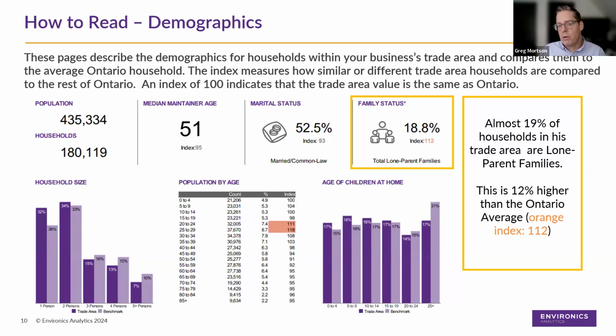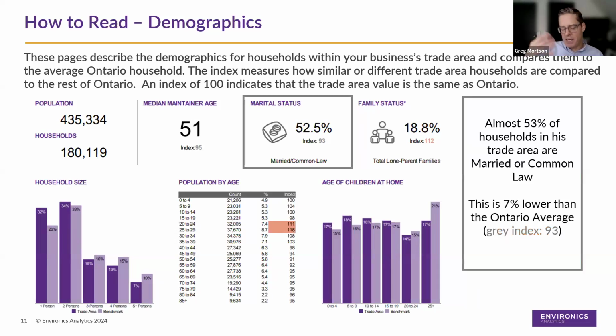So this is what puts these values into context. How does it compare with the province? And so we're able to say in this example that my families in my trade area are more likely to be total lone parent families than the province. And in fact, 12% more likely to be lone parent families.